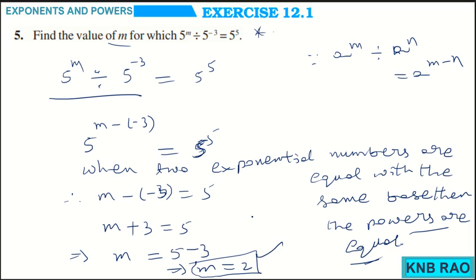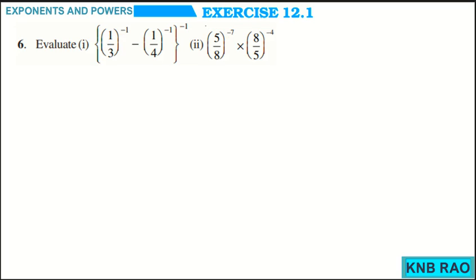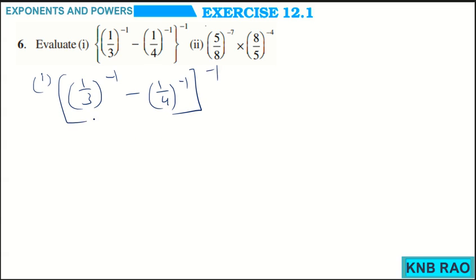Then coming to question number 6. Question number 6 again contains two subquestions. Subquestion 1, evaluate: [(1/3)^-1 - (1/4)^-1]^-1. So (1/3) raised to the power -1, negative power, to avoid it we can reciprocate the base, 1/3 becomes 3 raised to the power 1.